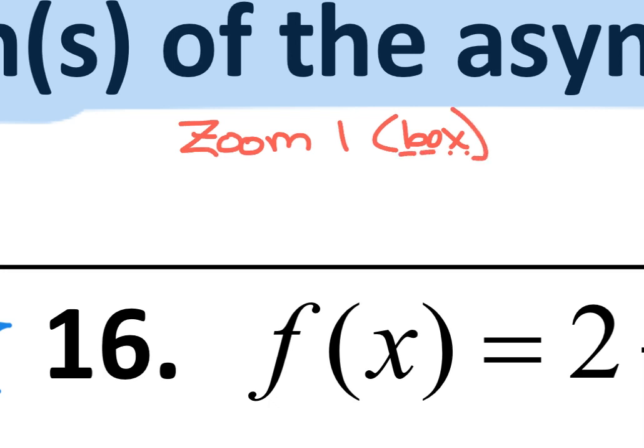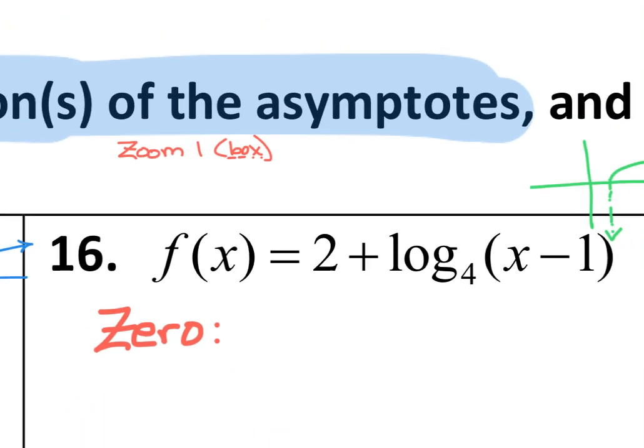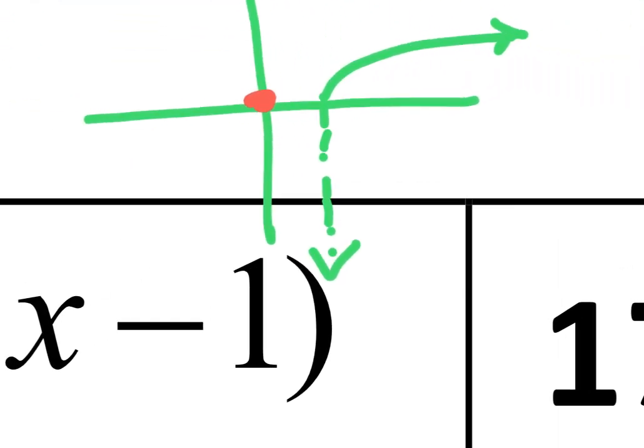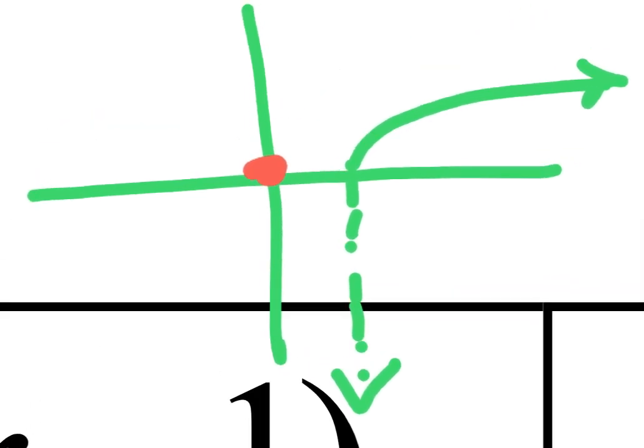When you click zoom 1, it brings you back to the screen, and you should see a little blinking point at 0, 0. You want to move that point over to the right and down. So instead of being at 0, 0, that point moves to, let's say, somewhere in there.